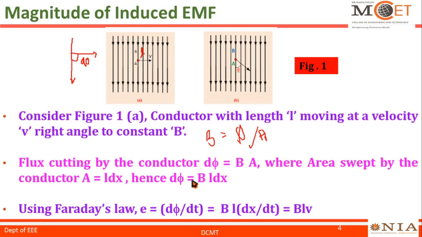Hence, d phi is equal to BL dx. Using Faraday's law, E is equal to d phi by dt, and making use of the d phi value here, I can write BL dx by dt, which is equal to BLv.